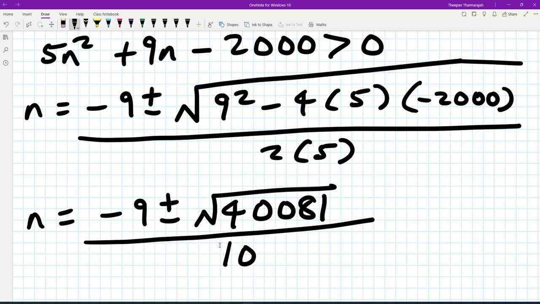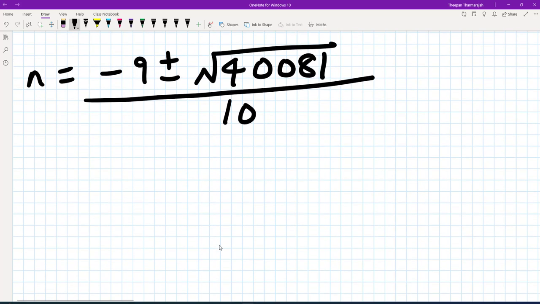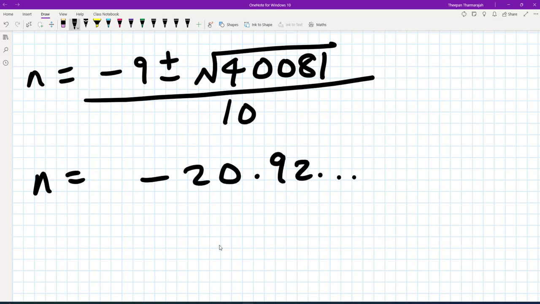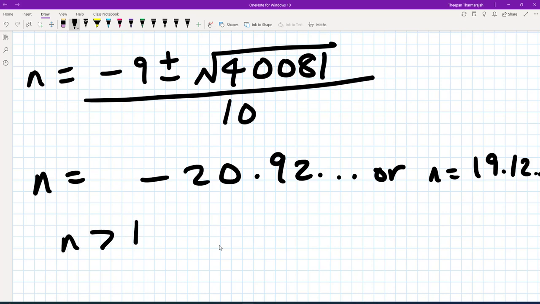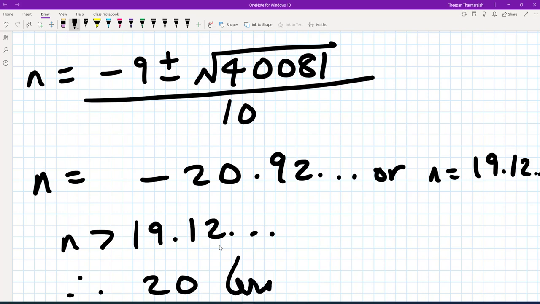Solving that on our calculators we're going to get minus 20.92 and so on, or n equals 19.12 and so on. So we need to be strictly greater than this value. So don't forget, n is greater than 19.12 essentially. So therefore 20 terms are required.